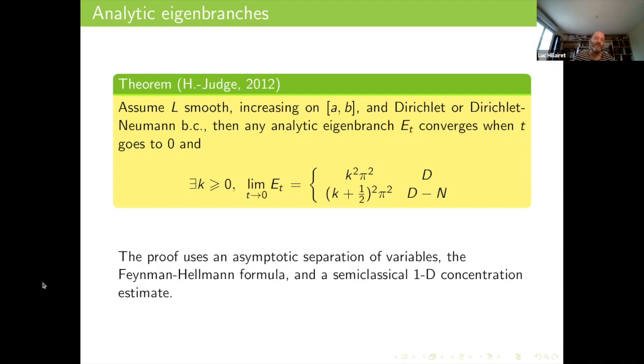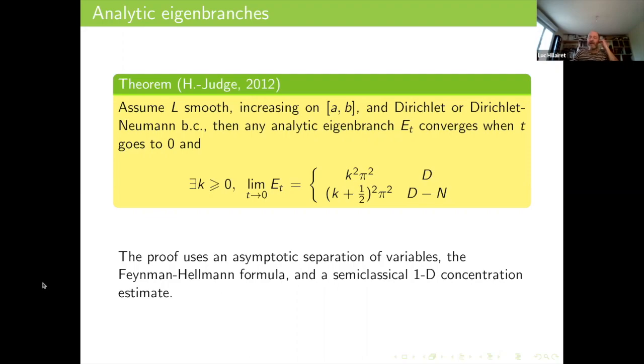And you can say something about the possible limits. In the Dirichlet case, the possible limit is of the form k squared pi squared, which are the eigenvalues of the interval with Dirichlet boundary condition. And in the Dirichlet-Neumann case, it's (k plus 1/2) squared pi squared, which are the eigenvalues where you have one end Dirichlet and one end Neumann.